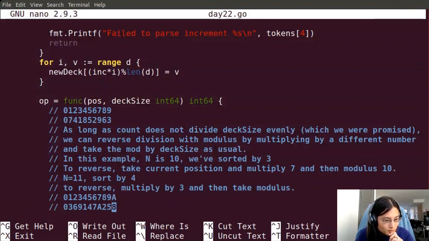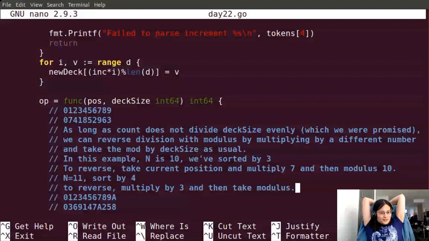Yep, that's correct. So, what's the relationship between 4, 3, and 11 and 7, 3, and 10? There's some kind of relationship here. Oh, right.